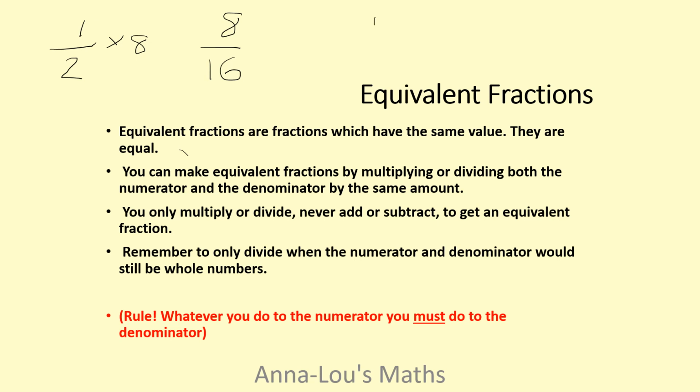I could have done it with anything. So again, if I say a half, let's say times 100. 1 times 100 is 100. 2 times 100 is 200. So 1/2, 8/16, and 100/200ths are all equivalent fractions. As long as I've done the same to the top and the bottom, I've formed an equivalent fraction.